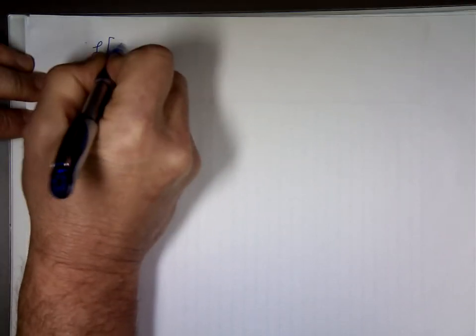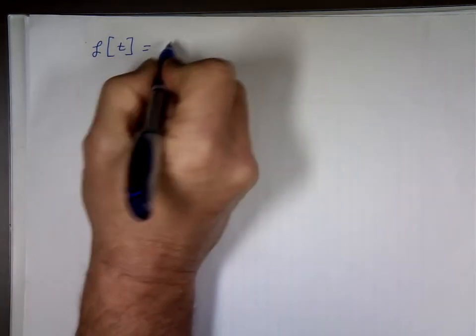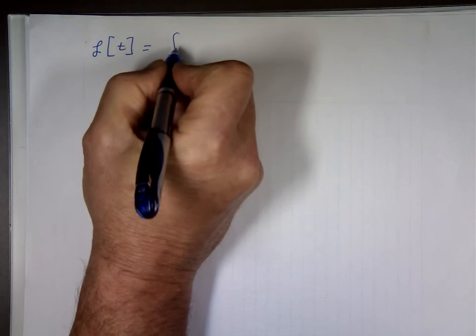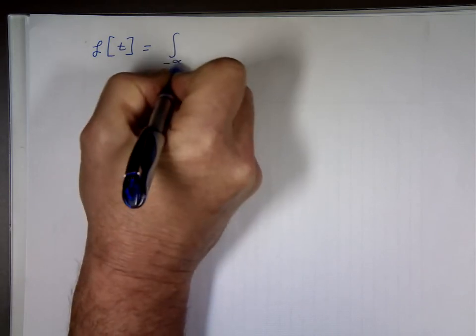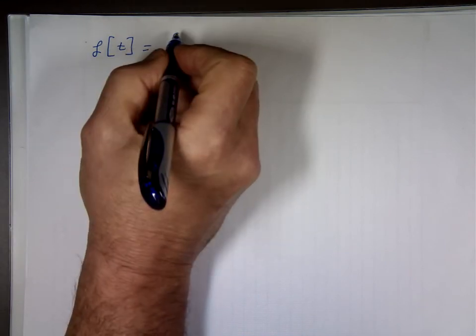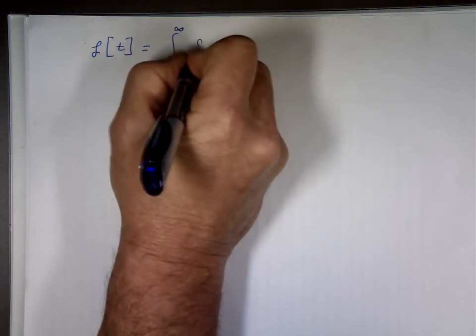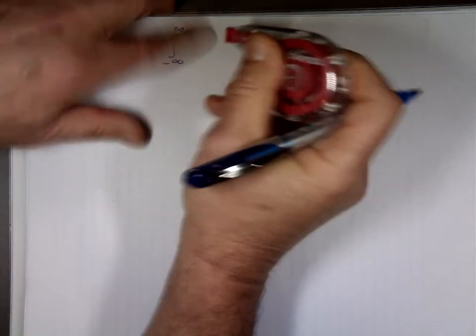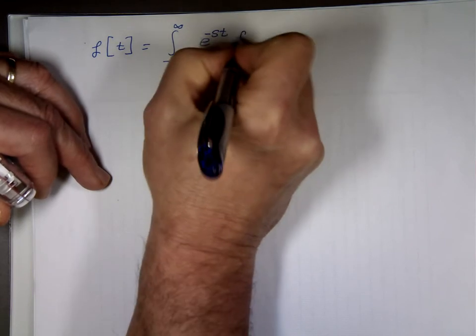What is the Laplace of t equal to? Again, that's the integral from negative infinity to infinity of e to the minus st, let's put that first, stick with the notation, f of t dt.